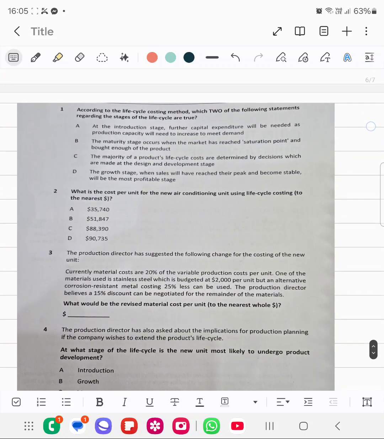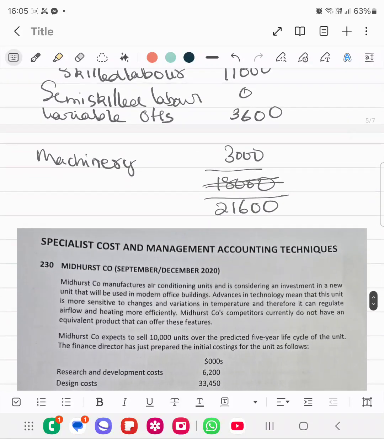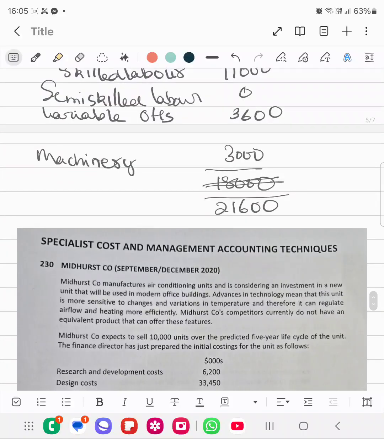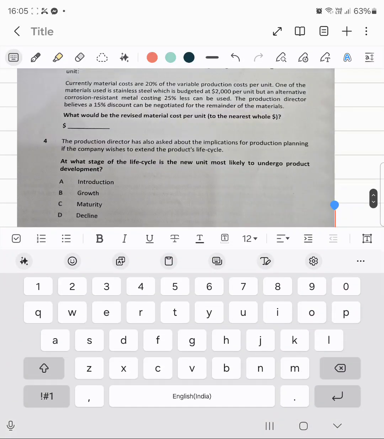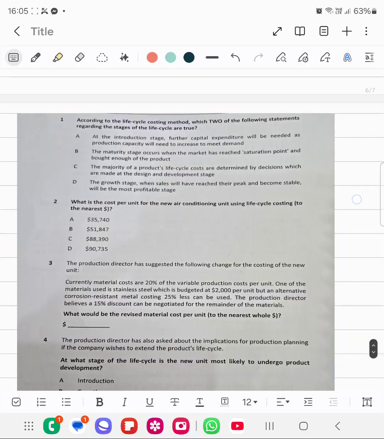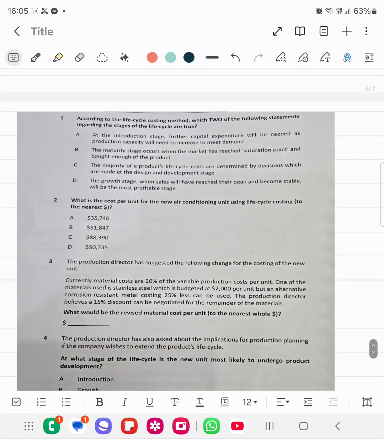This is a case study, Midhurst company, which came in September and December 2020. The very first question is: according to the life cycle costing method, which two of the following statements regarding the stages of the life cycle are true?